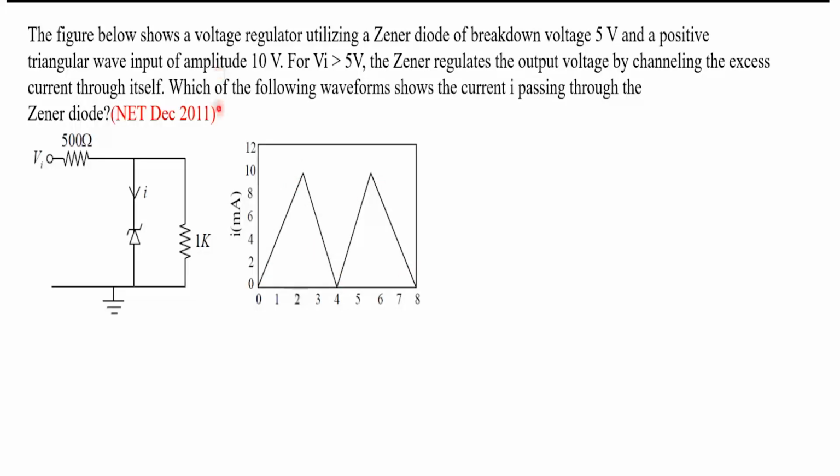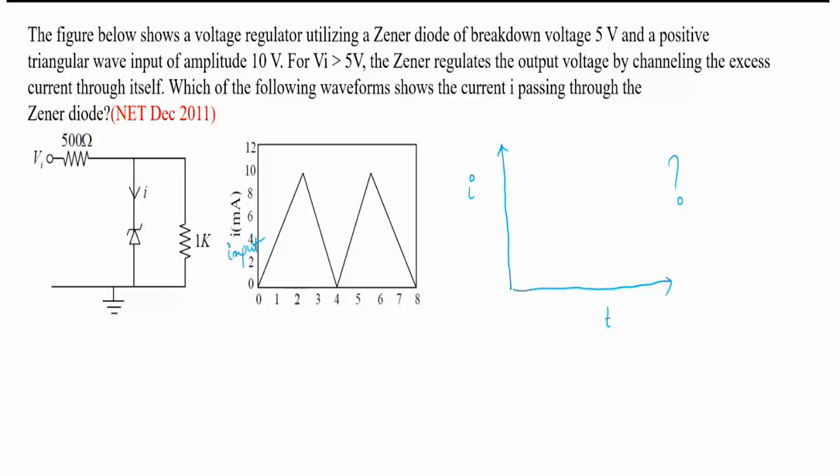I'm not showing you the options here, but the question is asking which of the following waveforms shows the current I passing through the Zener diode. So this is the input. And what we are interested in is finding out I, which is the current flowing through the diode versus time.